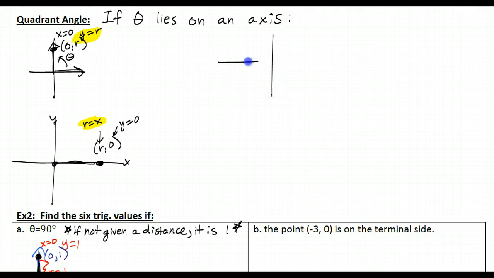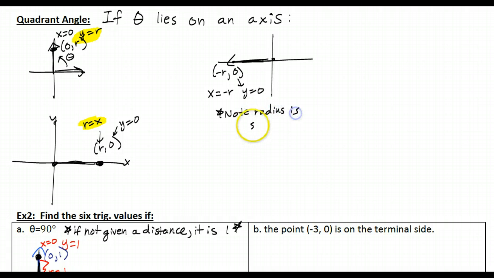Here's y, and I'm going to show you this one in example B in just a second. But when I draw this out here, this is a point, and it's going to be a negative value because it's in the negative direction for x. So x is the same thing as the opposite of the radius, but note the radius is still positive. We just turn the radius negative in order to find what x is.